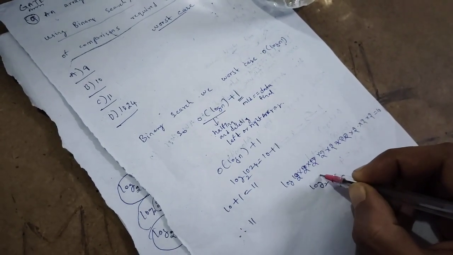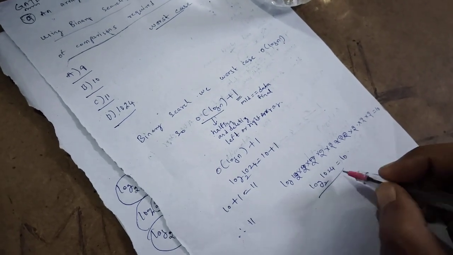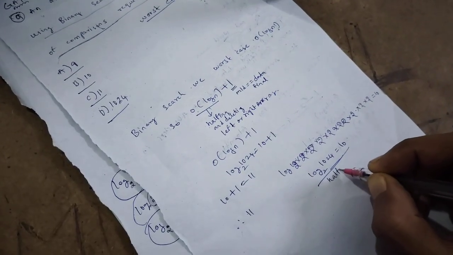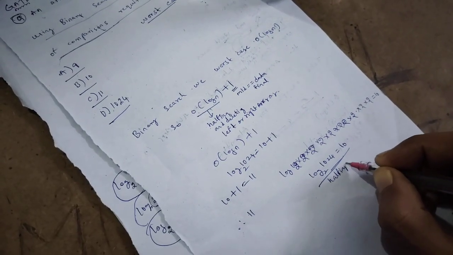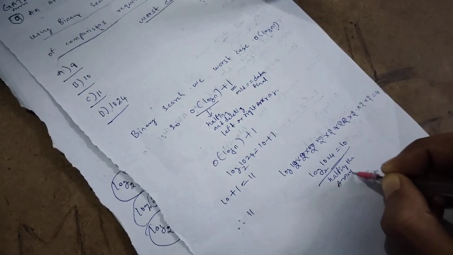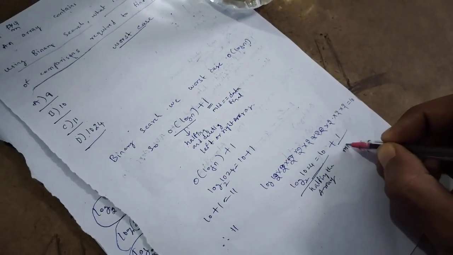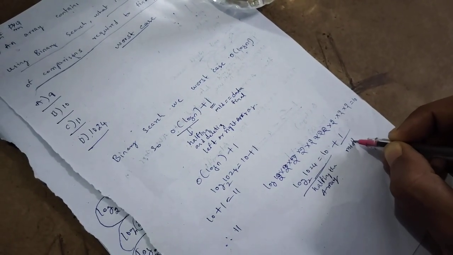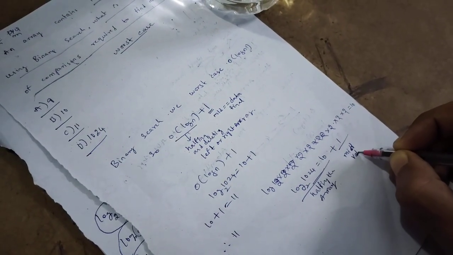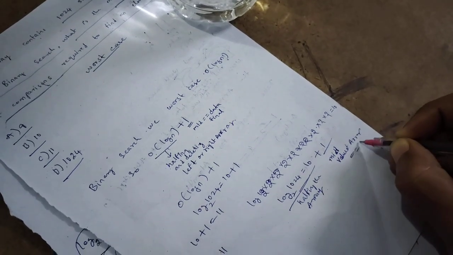So we also write it as halving, then halving the array, plus 1 when comparing the mid value of the array equals data.